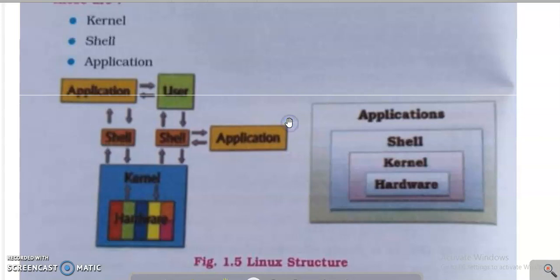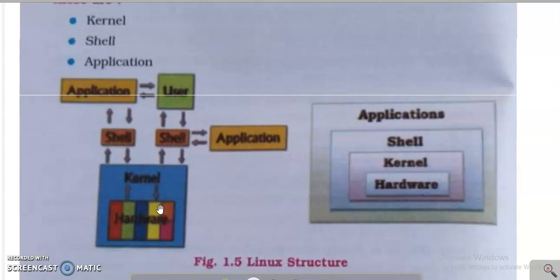a Linux structure, where we can see that a kernel is a hardware and it's a command which makes a system understandable about all the components attached to a computer. It has got all the system files. It is just like a system file in an operating system.